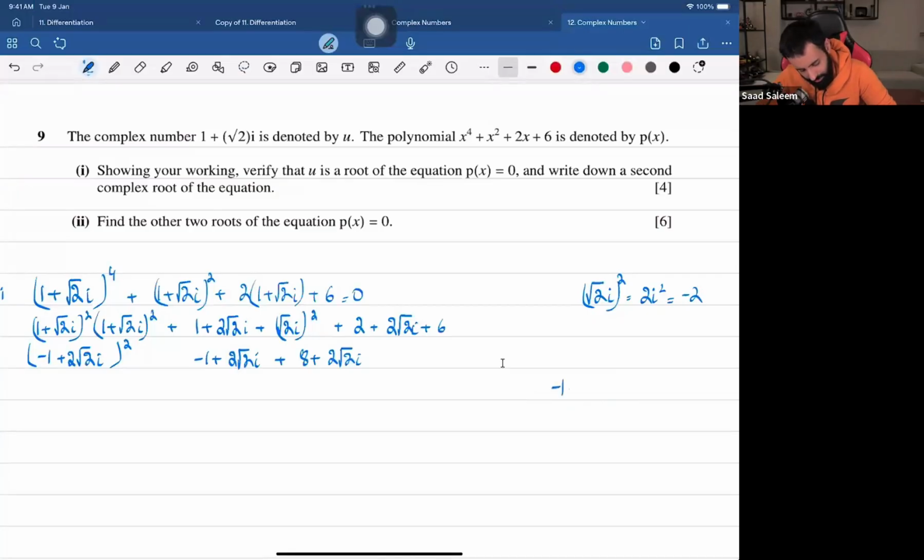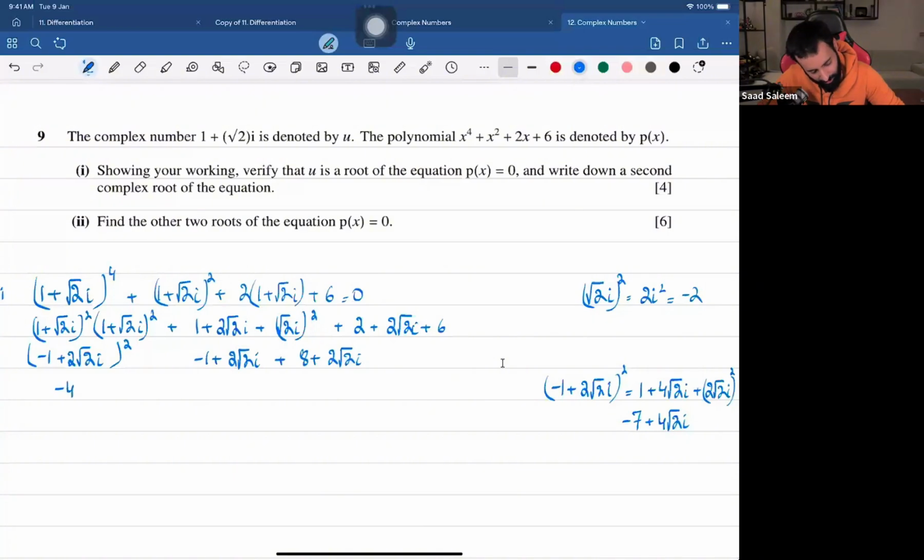So (minus 1 plus 2 root 2 iota) the whole thing squared becomes 1 minus 4 root 2 iota plus (2 root 2 iota) squared. So 2 root 2 iota squared becomes 4 times 2, that's 8, and iota squared will be minus 1, so that's minus 8. So 1 minus 8 becomes minus 7, minus 7 plus 4 root 2 iota.